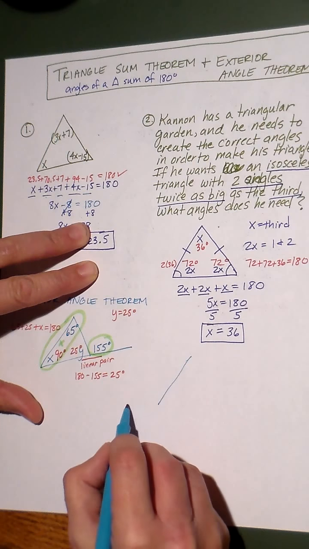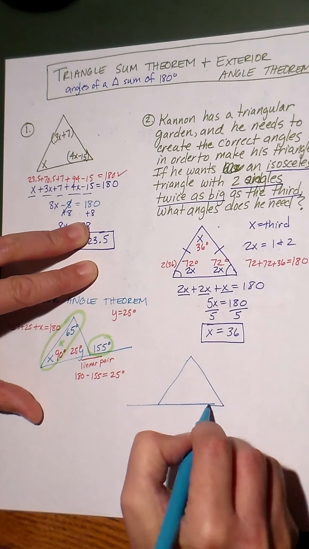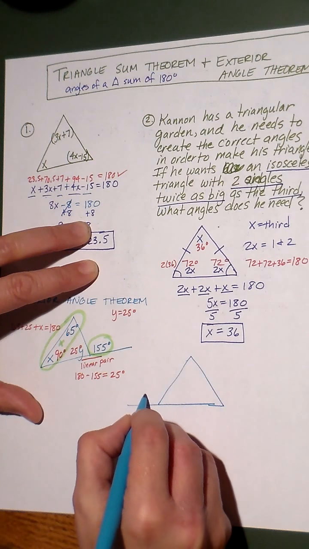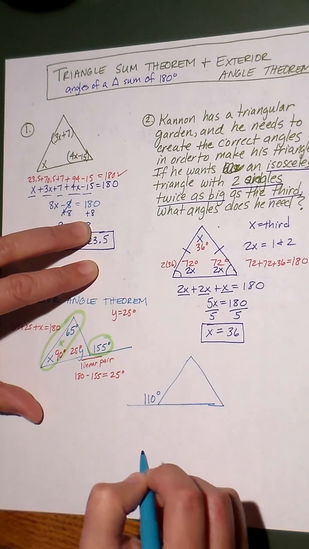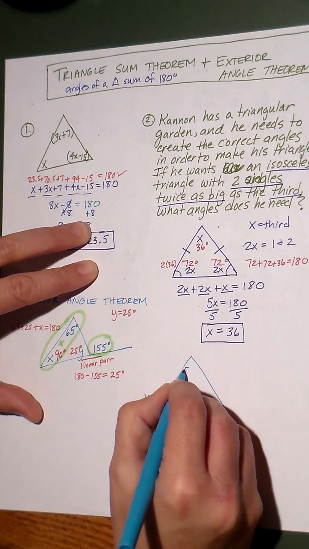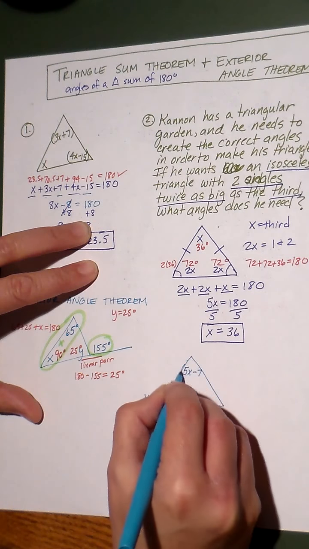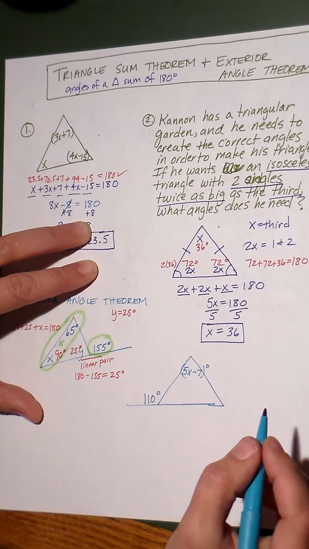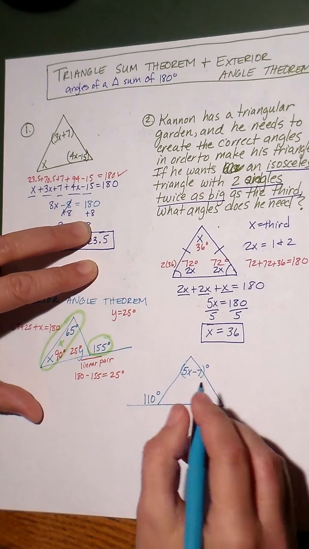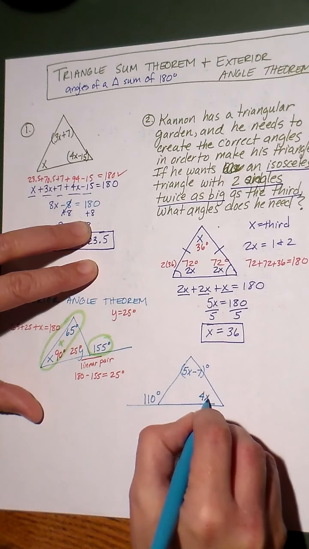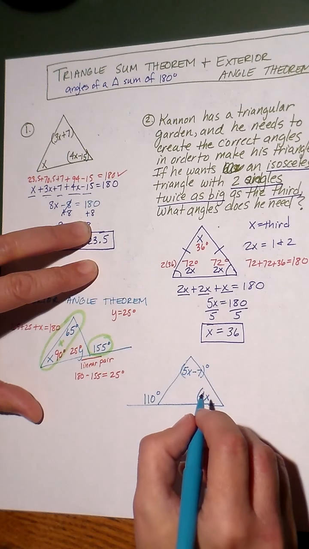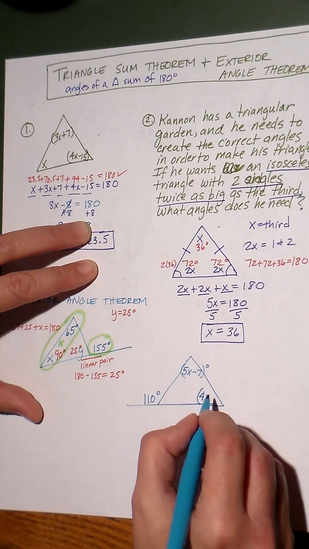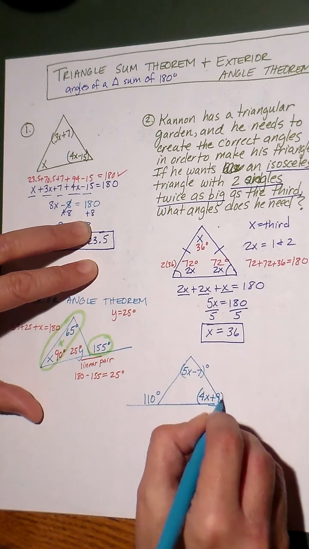So let's say I have this triangle here. Okay. And let's say, for review purposes, this one is 110 degrees. And this one is 5x minus 7 degrees. And this one is 4x plus 9.